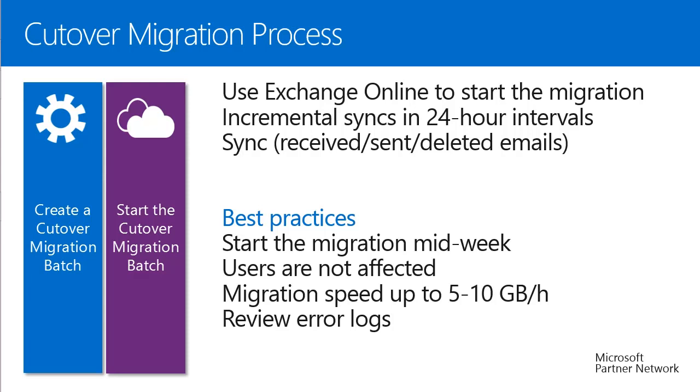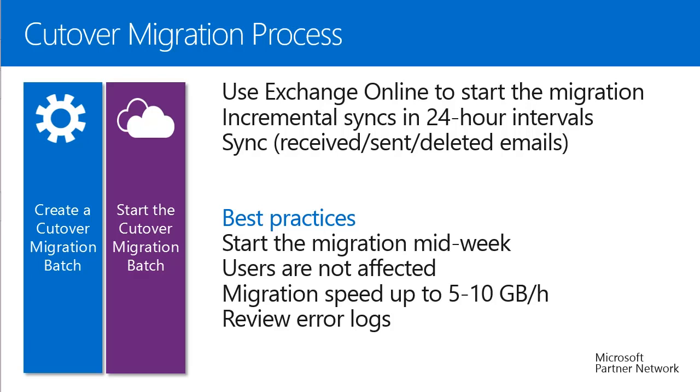What are the best practices from the field? Most users start this migration phase in midweek, for example on Tuesday or Wednesday. They can do that because the end users are not affected at all. They still have their normal, operational on-premise mailboxes, and they can still connect to these mailboxes and use them to receive and send emails.